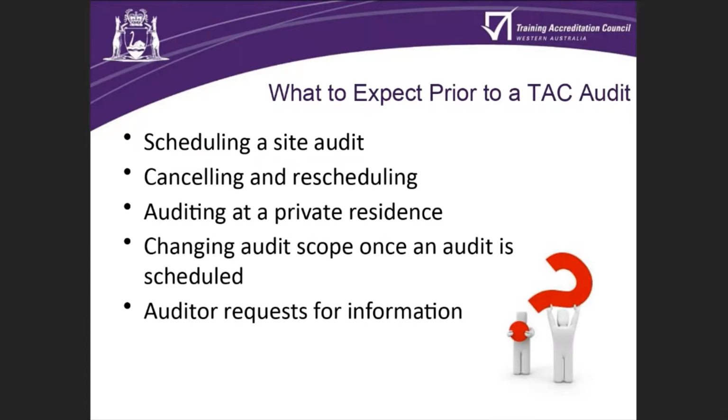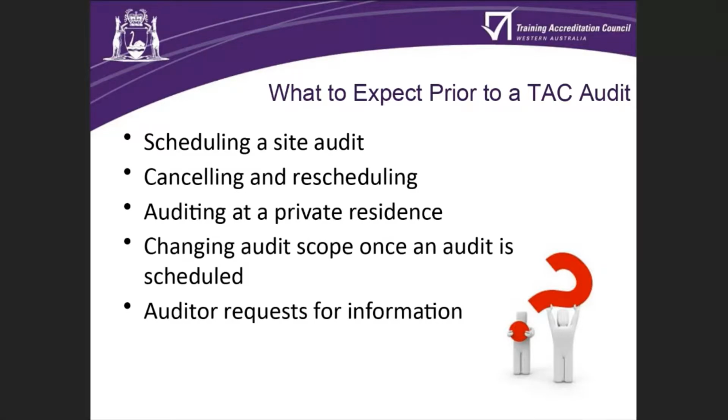And very, very occasionally, an RTO will schedule in an audit, be it a change of scope or even a re-registration audit. And then after that audit has been allocated and is ready to go, they will decide that they want to either change the scope of the audit, as in maybe remove one of the training products or even add a training product.